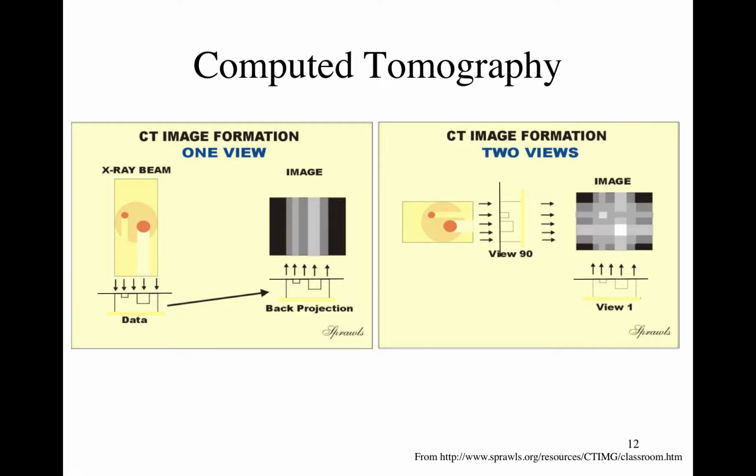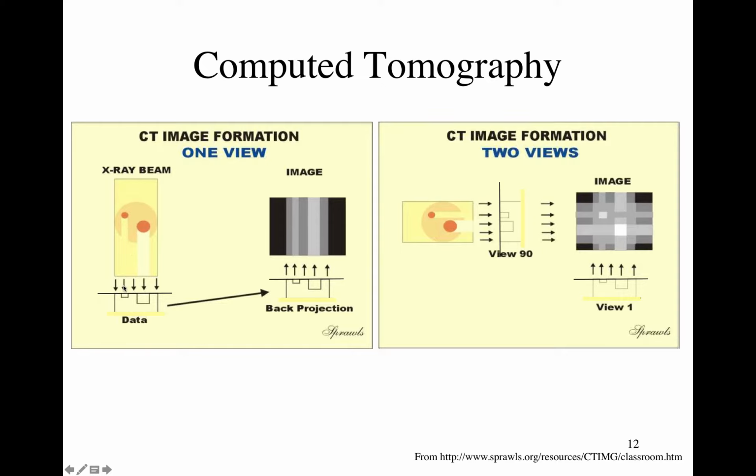So CT, really quickly: if I have an object, here's a 2-dimensional object, I have a background and 2 smaller circles that actually cast a bigger shadow or attenuate X-rays more than their surroundings. If I shoot X-rays through the top down towards the bottom, I can plot how many X-rays I measure, and so I get a high number out here.